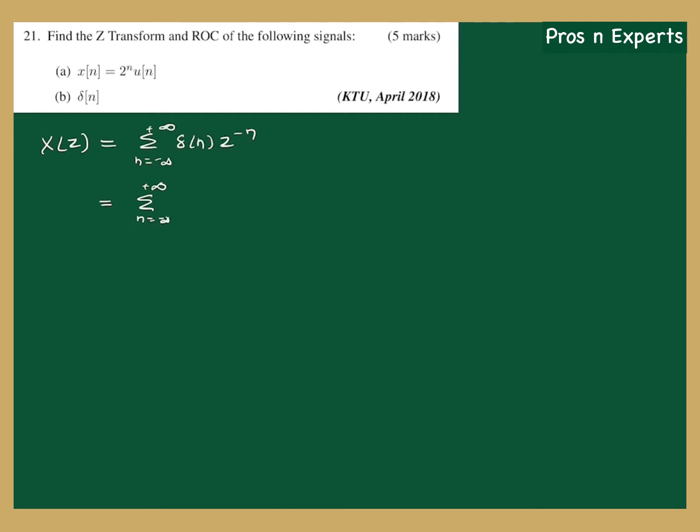And where does del of n exist? Del of n exists at n equal to 0 alone, right? So this z to minus n becomes z to minus 0, which is 1, and it is a constant. I can take it out. So sigma n equal to minus infinity to infinity del of n, which by definition you know is 1.